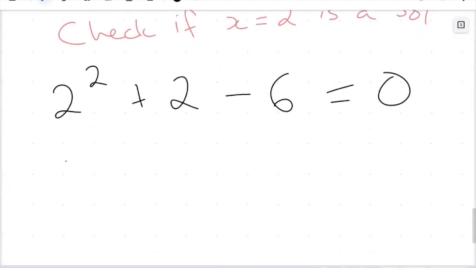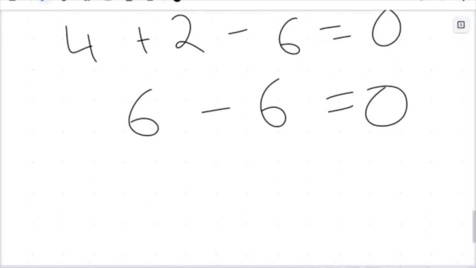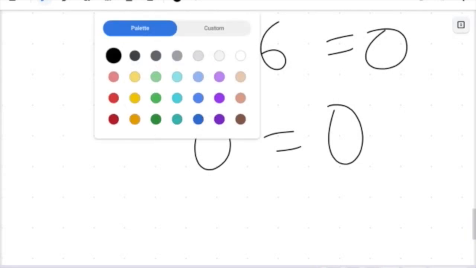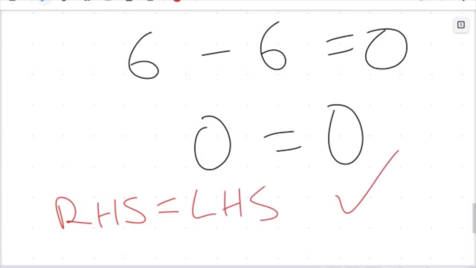Now 2 squared gives me 4 plus 2 minus 6. Now 4 plus 2 gives me 6 minus 6. Okay, and when I subtract 6 from 6, I get 0. So what I found here is that my right-hand side equals my left-hand side. So that means x equals 2 is a solution to this equation.